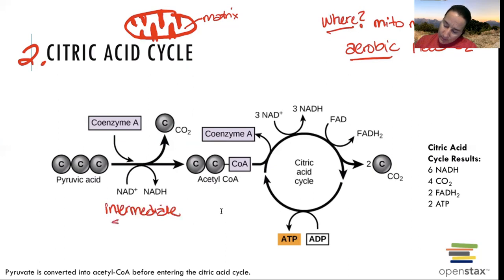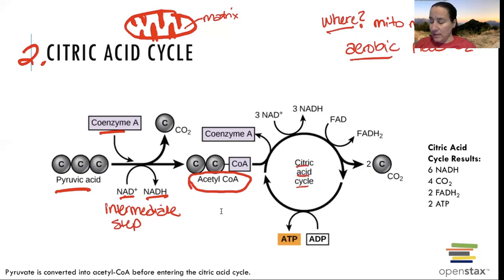It is going to change pyruvate, and here's those electron molecules again, NADs and NADHs, and we are going to tack on a coenzyme. And so we're going to change pyruvates into a molecule, and that molecule is called acetyl-CoA. Acetyl-CoA feeds into the citric acid cycle.